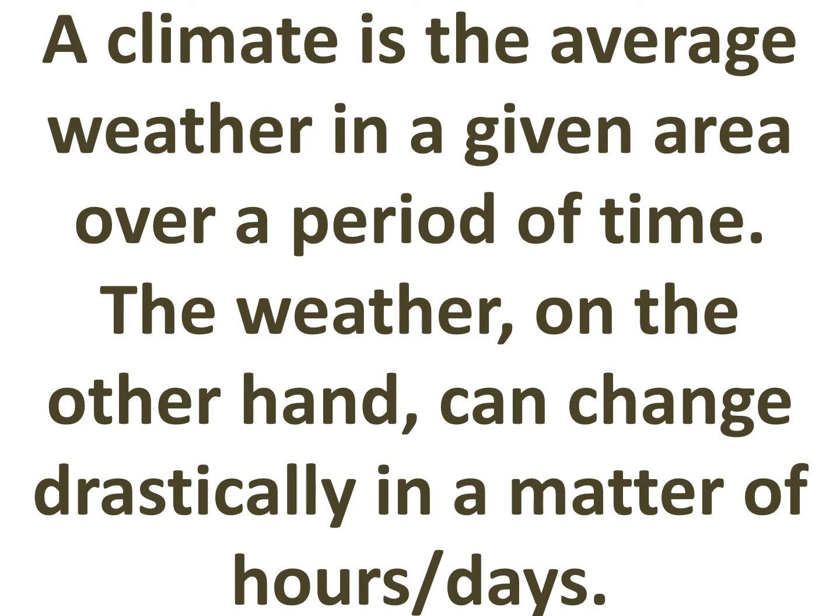However, the weather can change drastically in a matter of hours or days. Within hours, the weather can fluctuate: maybe too cold, maybe too hot, maybe average, maybe rainy. So climate persists, however weather changes.